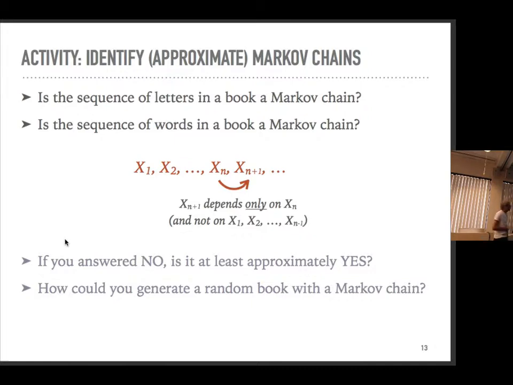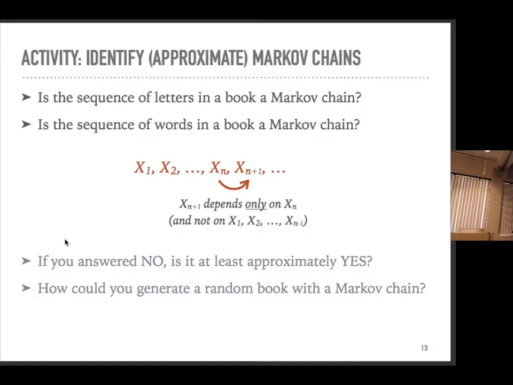So no, it's definitely no. The sequence of letters is definitely not a Markov chain, because the more letters you set down in a word, the more you fix the probability of the next letter.